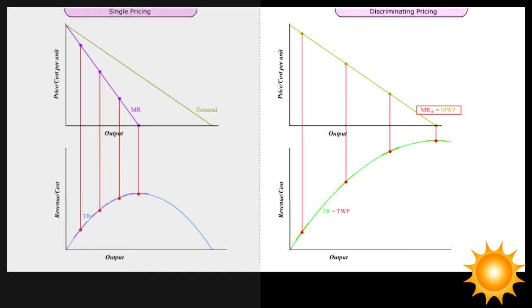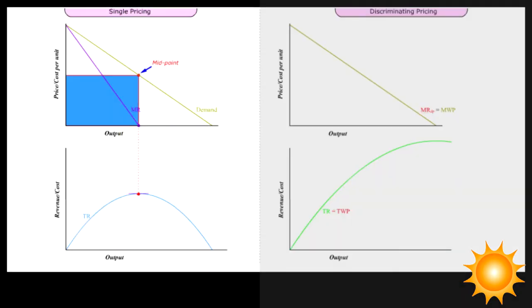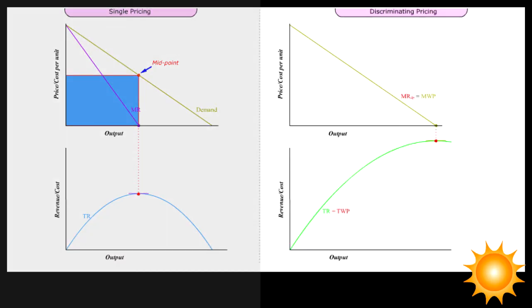MR_DP is the same as the marginal willingness to pay, MWP. TR reaches its maximum when MR_SP is equal to 0. This happens at the midpoint down the straight line demand curve. TWP reaches its maximum when MR_DP is 0. This happens at the end of the demand curve, MWP.